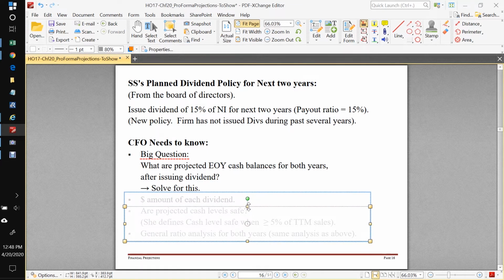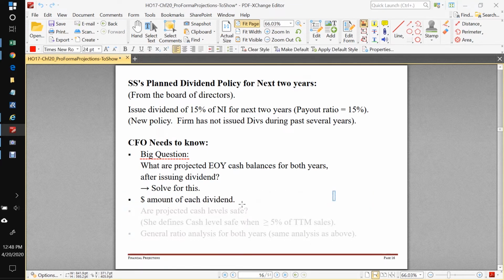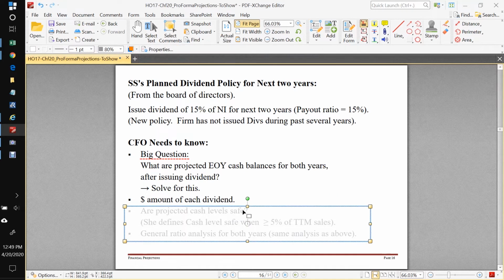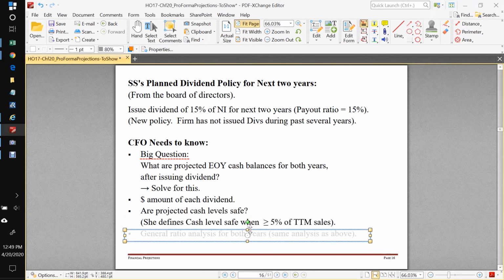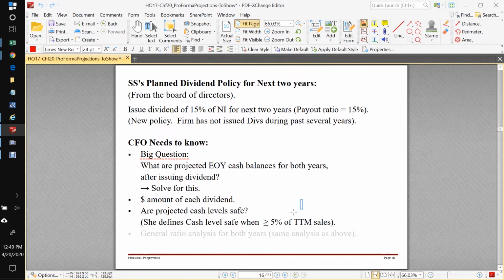She also wants to know, and the board, of course, wants to know, how big will the dividends be? What's the projected estimate of how big those dividends will be? And her policy on the question of whether the cash level is going to be safe is, and this is actually common for a lot of companies, that the cash level of the firm is safe if it's greater than or equal to 5% of 12 trailing month sales.